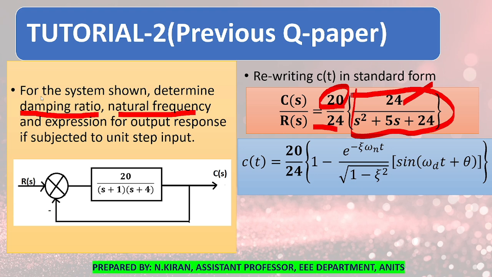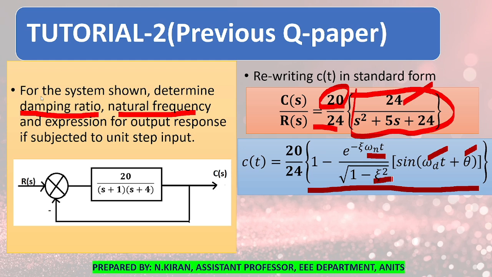We have already derived this expression in previous lectures, that in a second order control system the expression for output response is 1 minus e power minus zeta omega n t by root over 1 minus zeta square into sine omega d t plus theta. So now we need to find the values of theta, omega d, omega n and zeta.